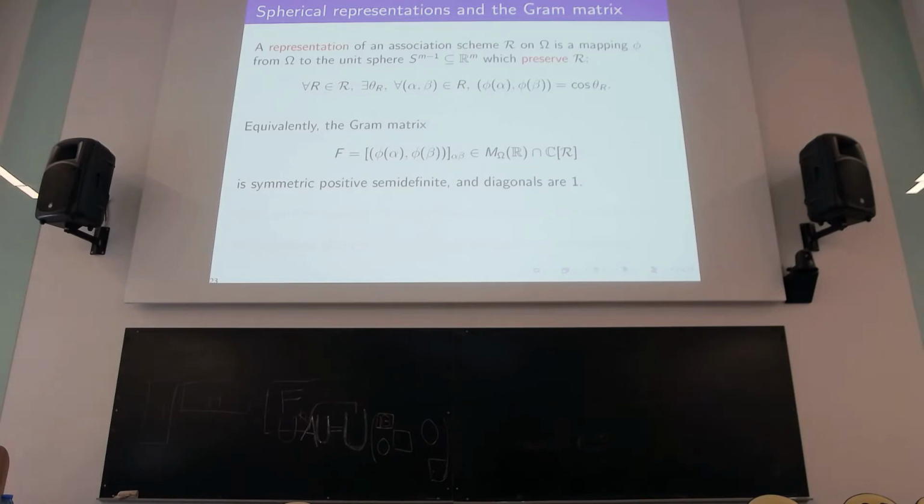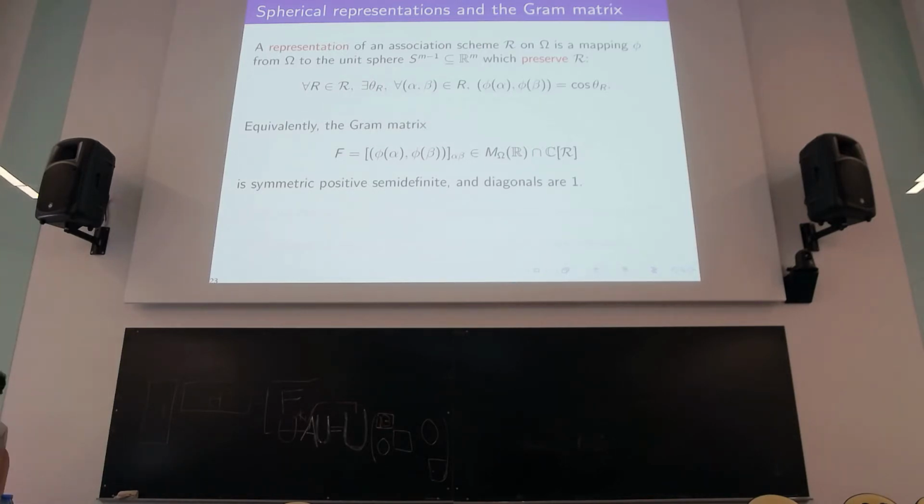This is called the Cholesky decomposition, and it is always possible for a symmetric positive semi-definite matrix, and those vectors give a spherical representation. So a spherical representation of an association scheme is the same as finding the set of all symmetric positive semi-definite matrices and normalizing the diagonal to be 1.